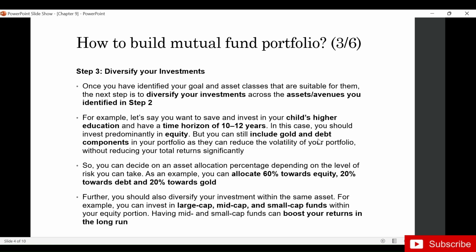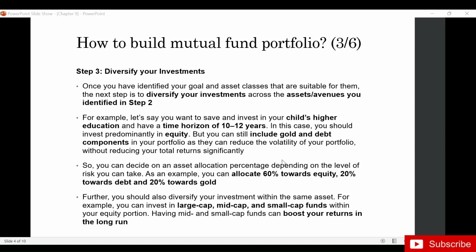Now, step 3 in building a mutual fund portfolio is to diversify your investments. Once an investor has identified his goals and the asset class that he wants to invest in, the next obvious step is to diversify his investments. For example, let's say that you want to save and invest for your child's higher education, and for this, you have a time period of 10 to 12 years.